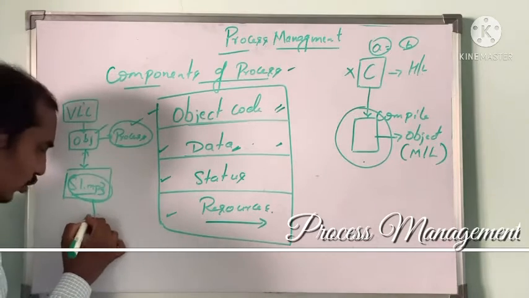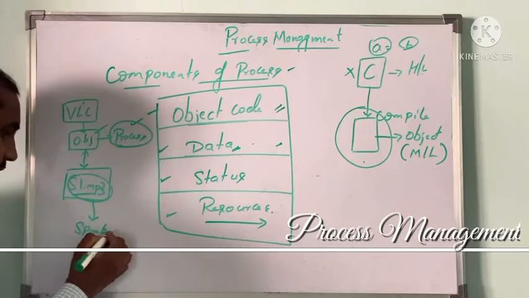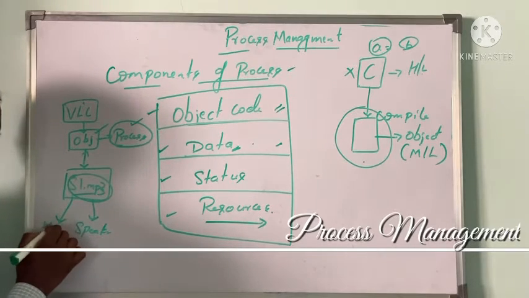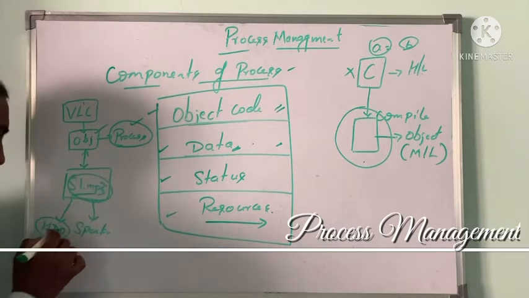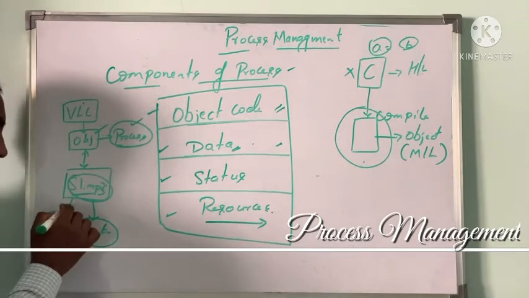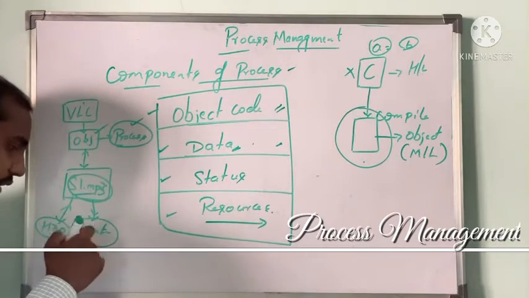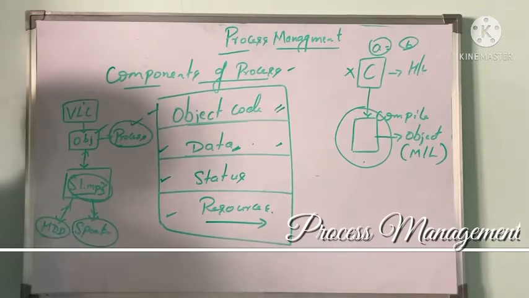And resources: it needs resources like a speaker, and it needs resources like a hard disk. Why hard disk? Because this mp3 file will be stored on some hard disk. From this hard disk, it is going to access the data, and it is going to give the output in the form of a sound which will be sent to the speakers.